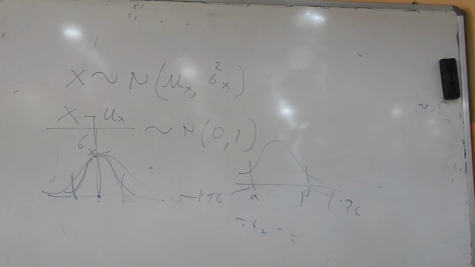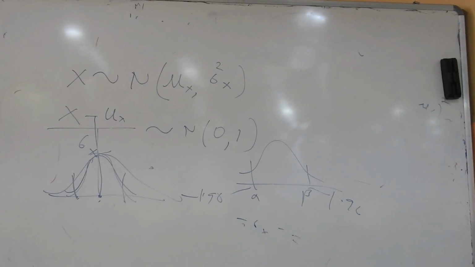They can be shown to be minus 1.96 and plus 1.96. If you ask R to find the point for a normal distribution with mean 0 and standard deviation 1 such that the area to the left of it is 2.5%, you will get the answer minus 1.96. Minus 1.96 and plus 1.96 contain 95% of the distribution.